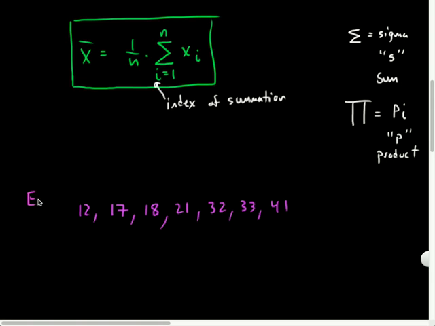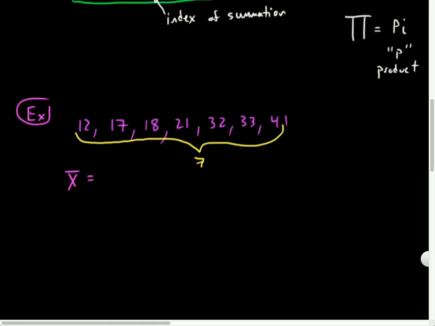So here's our example. x bar is going to equal, well, let's add all of these up and multiply by 1/n. How many are there? There are 7 of them, so n is equal to 7 in this case.